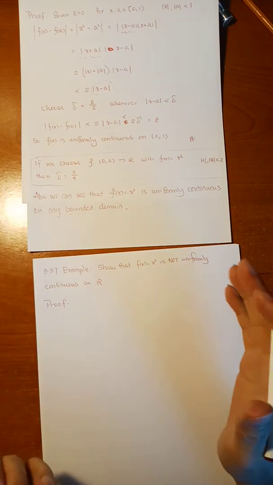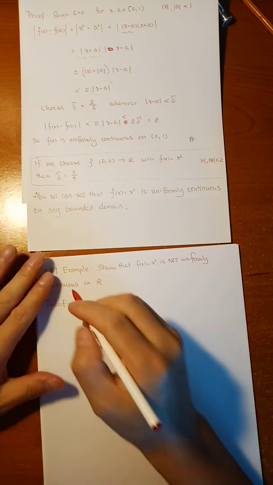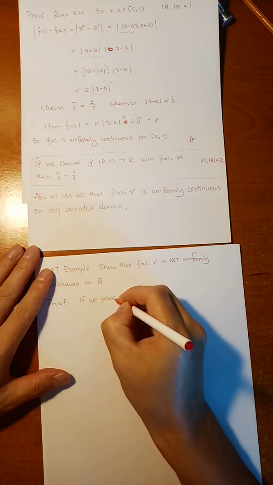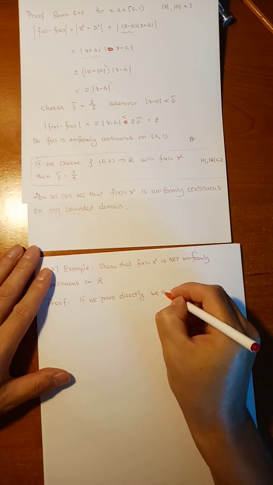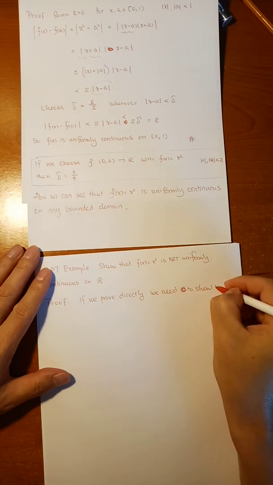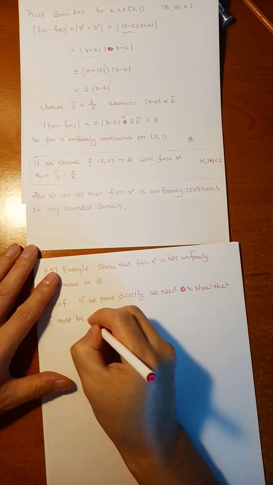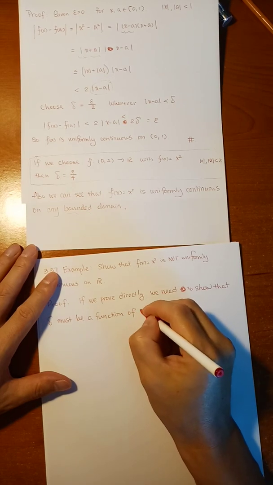If we prove it directly, we need to show that delta must be a function of a base point.